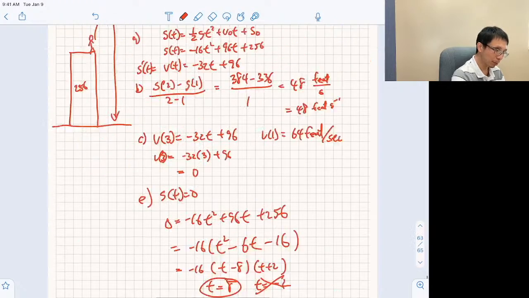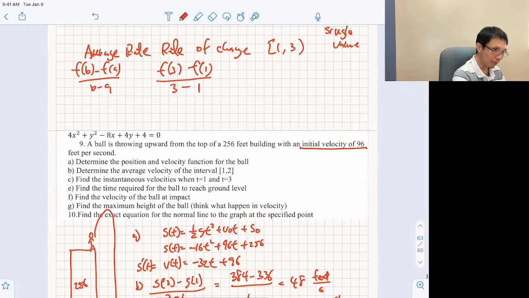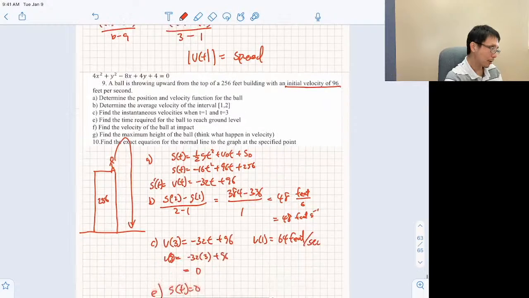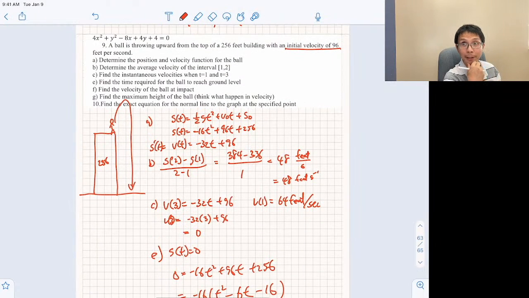Put it in your notes: the absolute value of velocity is equal to speed. Speed doesn't care about which direction you go, but velocity does. Velocity cares about whether you are going north or south, east or west. It cares about the vector, right? So you have to understand that there are a lot of things to think about. Those are the things that inform connections.